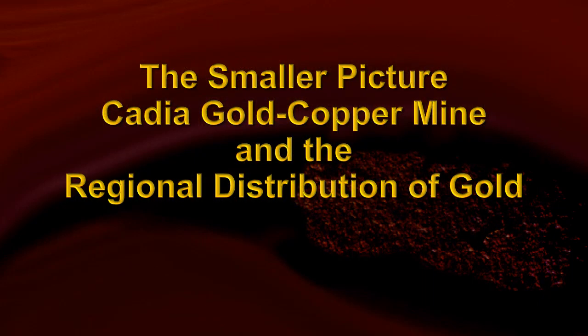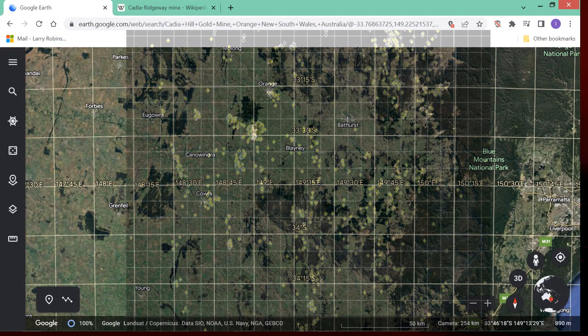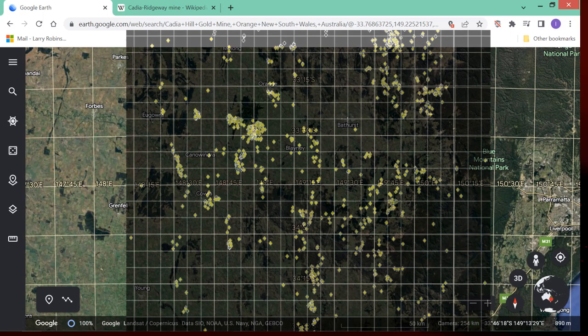The Cadia Gold Copper Mine and the regional distribution of gold. There are quite definite lineations in respect to the spatial distribution of gold, with wedges between those lineations with very few or no gold deposits whatsoever.